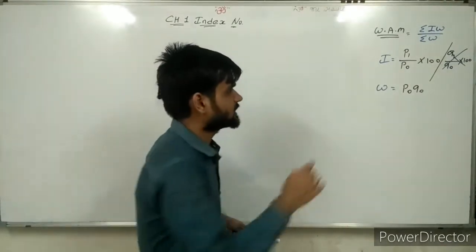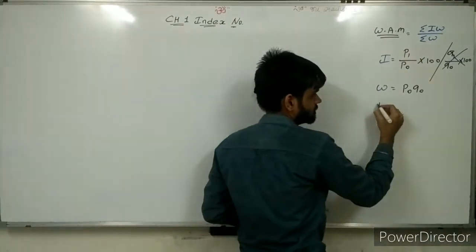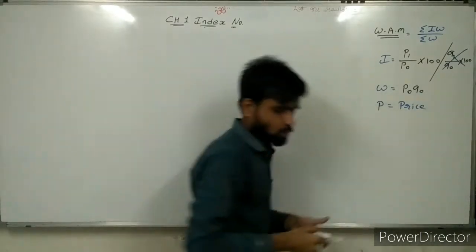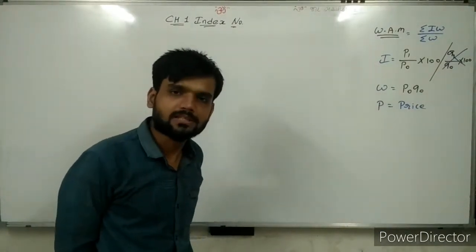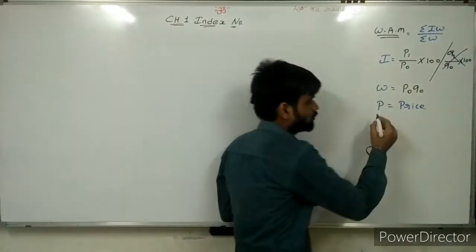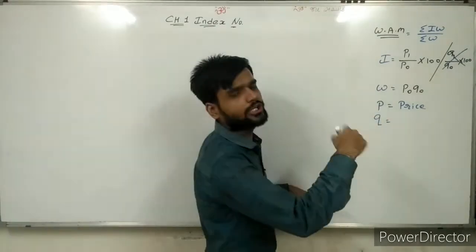Now, what is meant by P? First of all, what is meant by P? P means price. Now what is Q? Q means quantity.